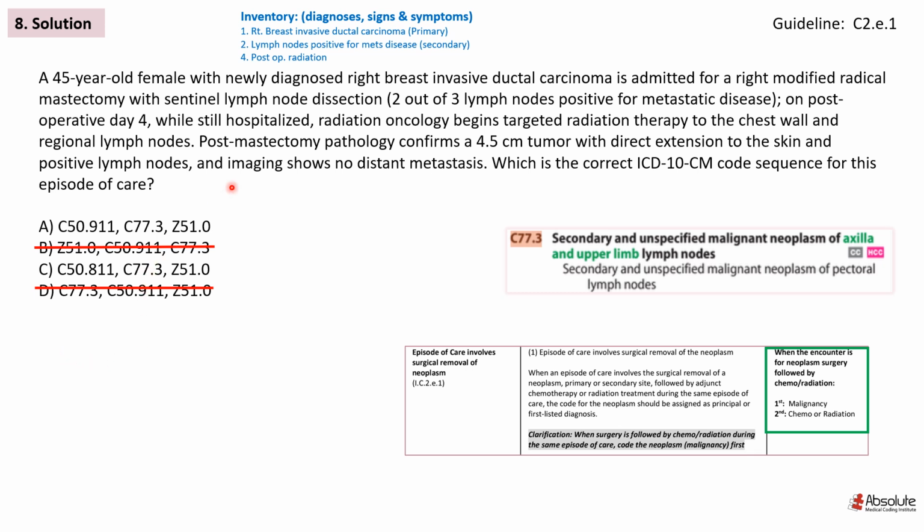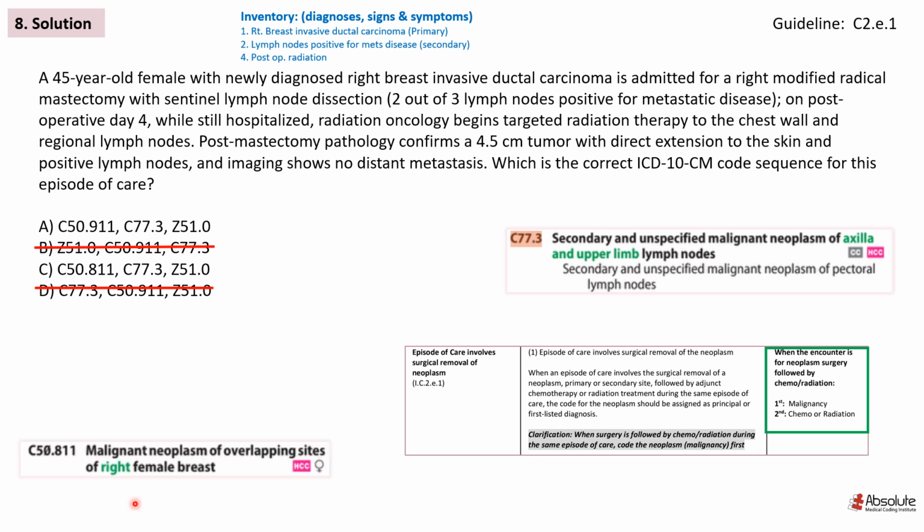And as we can see up here, radiation oncology begins targeted radiation therapy to the chest wall and regional lymph nodes. So that means that they're treating both sites. So with treating both sites, we're going to list the primary first, not the secondary first. So that's why we're getting rid of D here.